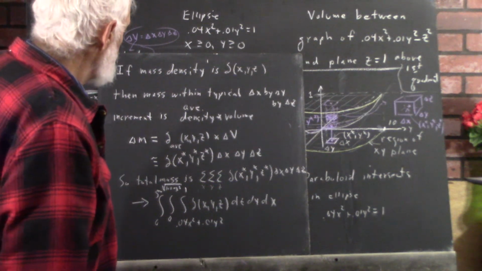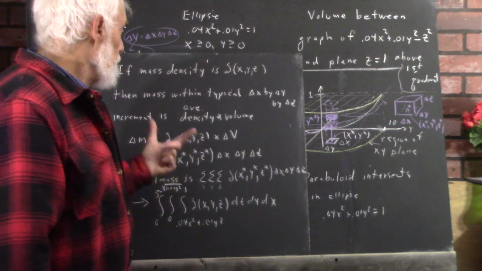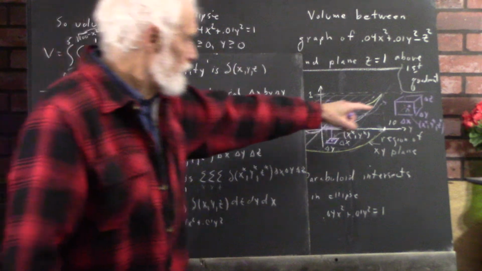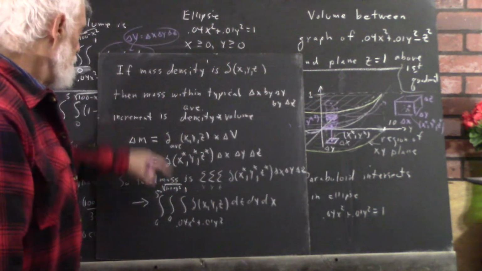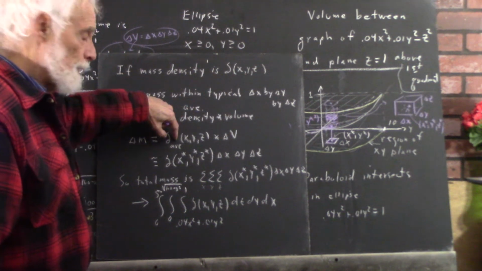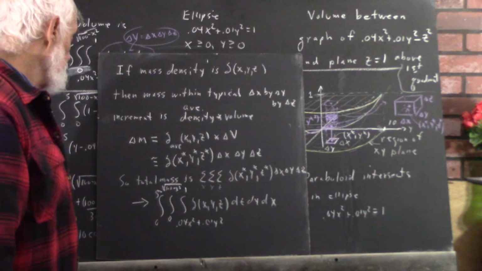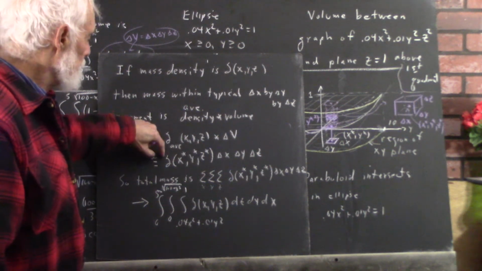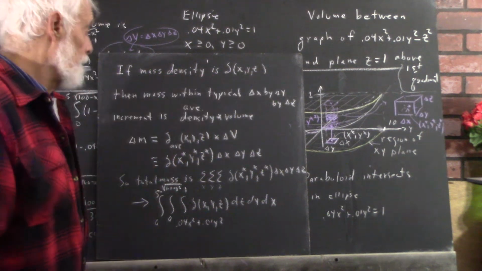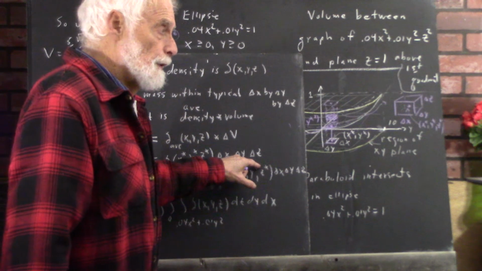on the x. This works no matter what your density function is, because no matter what your density function is, the mass contribution of this little tiny increment is the average density of the density function over that increment times delta V, which is approximately equal to delta evaluated at your sample point within that tiny increment, multiplied by the volume of the increment.